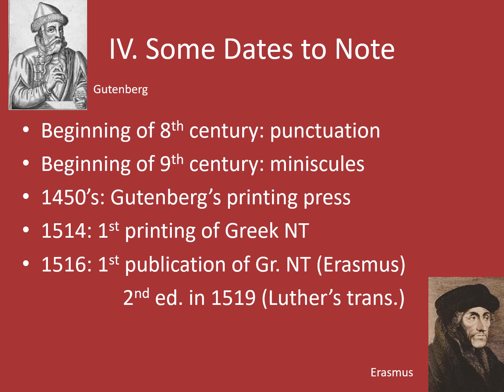The first publication in 1516 was done by Erasmus, and Erasmus continued his work as he was able to get a hold of new manuscripts. His initial work was based on only about 7 manuscripts.